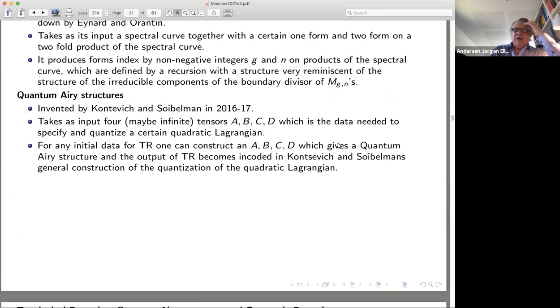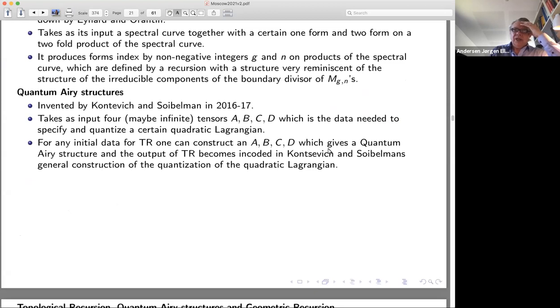And after that, some 10 years later, a little bit more, quantum Airy structures was introduced by Kontsevich and Soibelman in 2016-17. And that takes as its input 4 tensors, A, B, C, D. And so this is somehow inspired by this notation here that we also use A, B, C, D. This data really specifies and quantifies a certain quantization of a Lagrangian.